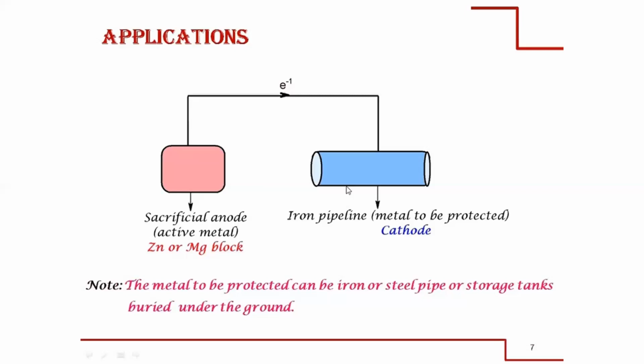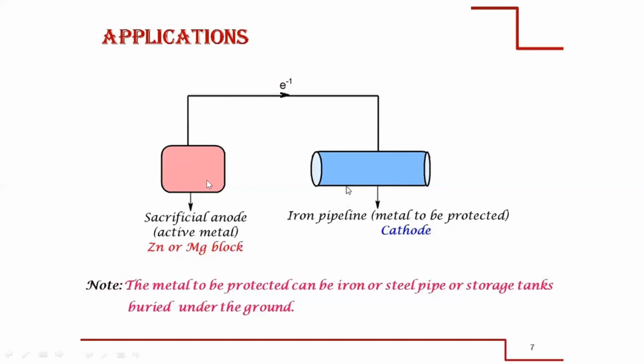They release electrons, and the electrons move from the anode to the cathode. At the cathode, the iron pipeline accepts these electrons and a reduction reaction takes place, so the iron pipeline remains unaffected. It is protected. Why is this method called the sacrificial anode method? Because the anode is sacrificing itself to prevent the corrosion of the cathode.